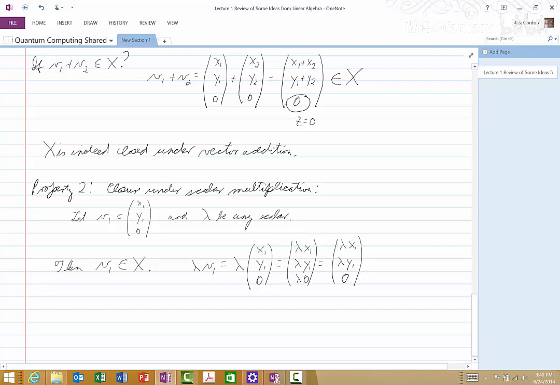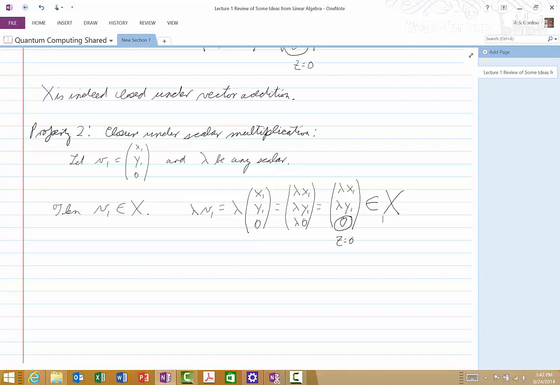And so lambda times V1 is equal to the vector whose first component is lambda x1, whose second component is lambda y1, and whose z component is 0. And since the z component is 0, then this is indeed in x. And so we see that by picking a completely arbitrary vector in x, and by picking an arbitrary scalar lambda, when we multiply them together, we still get a vector in x.